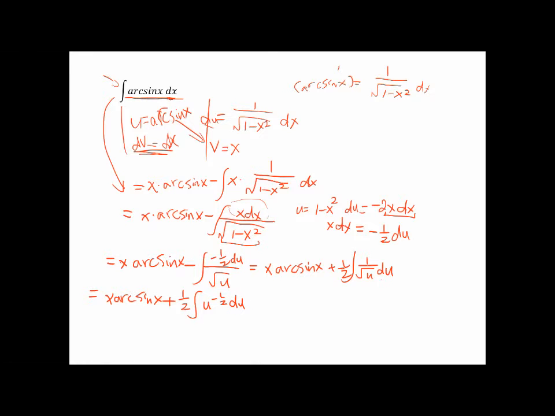Let's see here. I know that square root u is u to the 1/2. 1 over u is u to the negative 1. So 1 over square root u, the inverse of the square root u, is u to the negative 1/2.